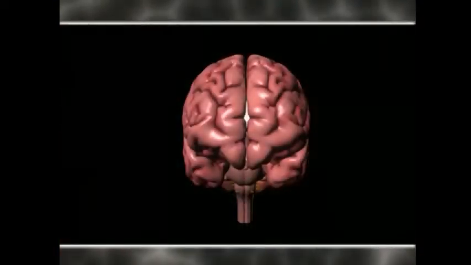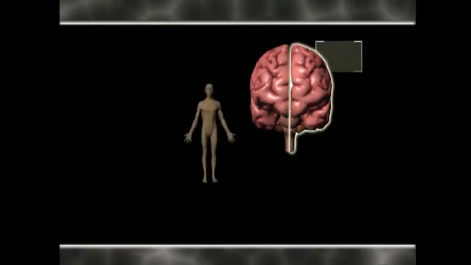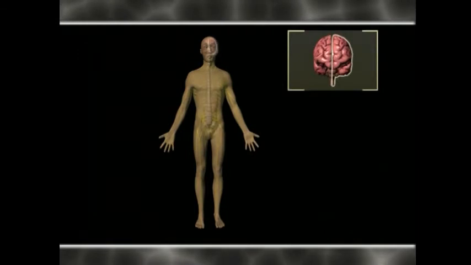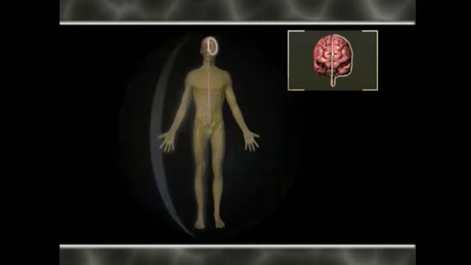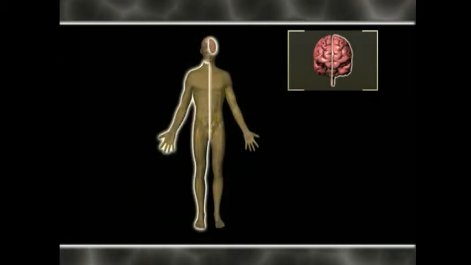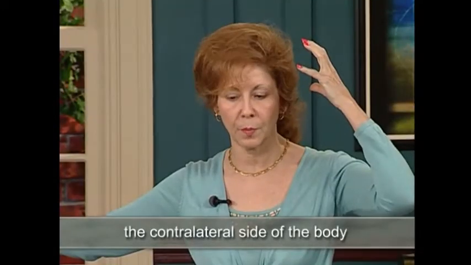Now, it's also known that for other functions, the historical position, so as I'm standing here, this would be my left hemisphere, for other functions that didn't show dominance was that this hemisphere would process information from that half of the world or that half of the body and control the movement on this other side of the body, which we refer to as the contralateral side of the body.